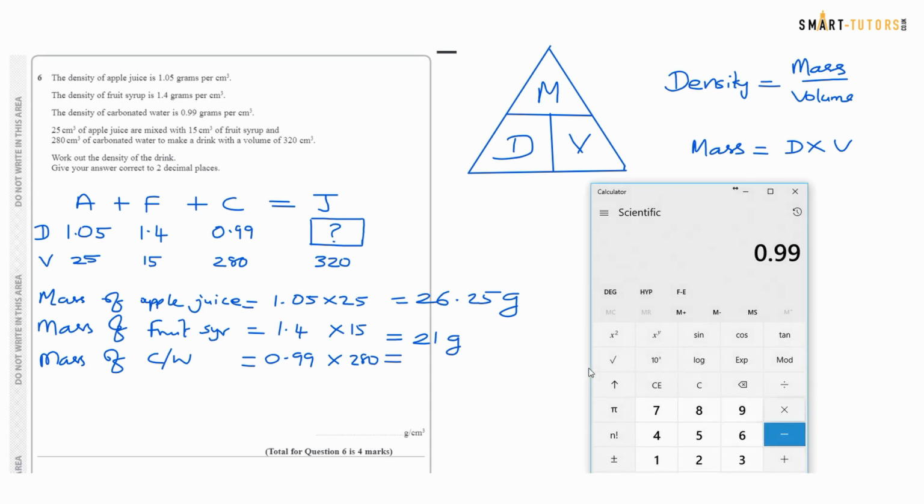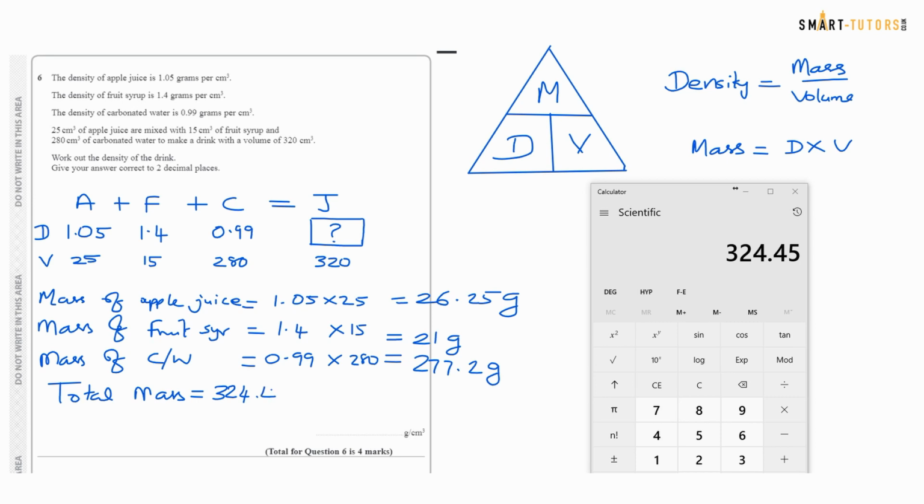Now total mass, you need to add them up. So this plus 21 plus 26.25. The answer is 324.45. Now, all you want to do is, volume is given, 320, and the mass we already found out, 324.45, and the density.